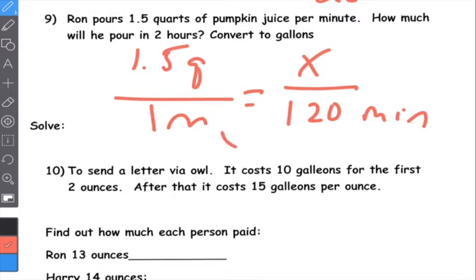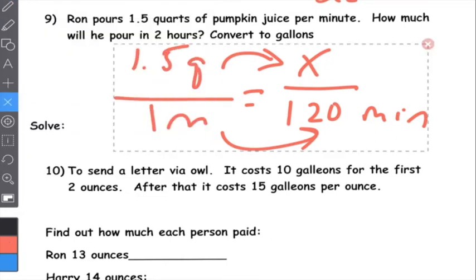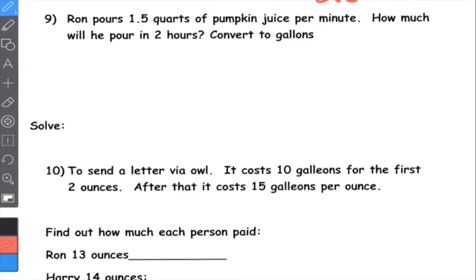So how do I get there? Times it by 120. Okay, so when you do the calculations, you're going to get 180 quarts per 2 hours.